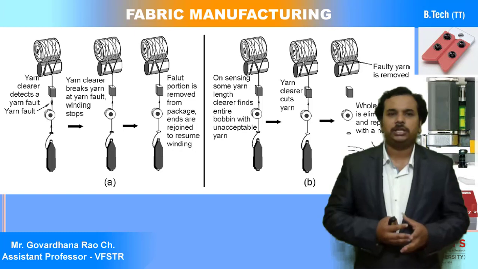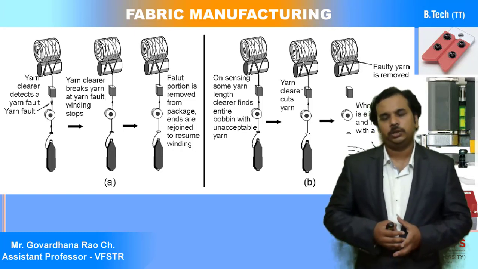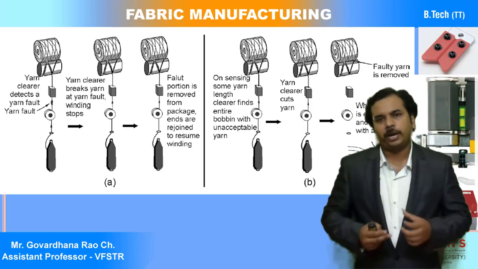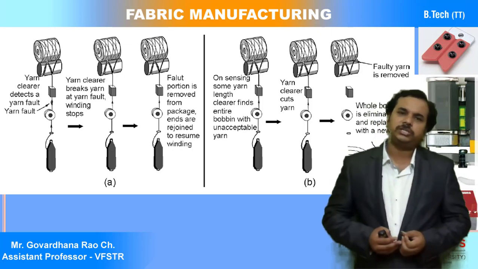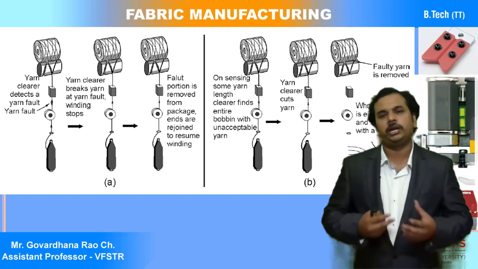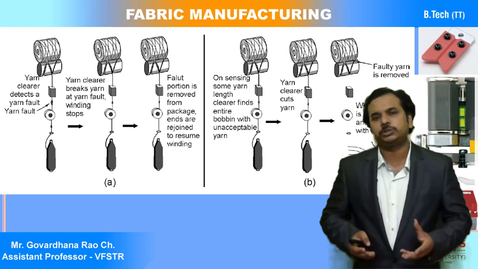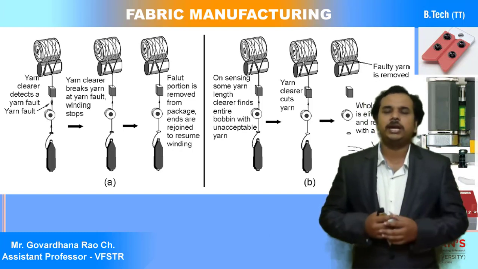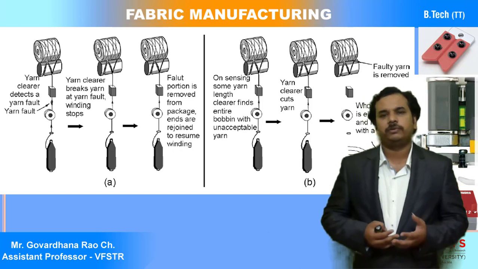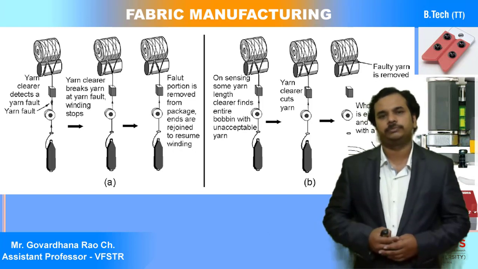Then the yarn clearer breaks the yarn at the winding, and the winding machine is stopped. After that the faulty portion is removed from the package and the ends are rejoined with the help of splicing or knotting technology.